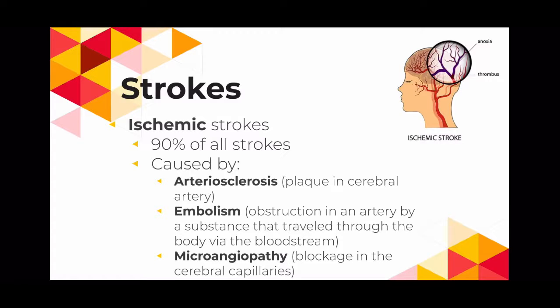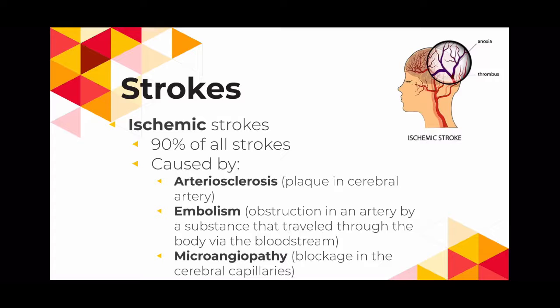The second cause is embolism. This is also, again, one of your words. And this is when there is an obstruction in a cerebral artery due to a substance that originated in another part of the body, like a blood clot.